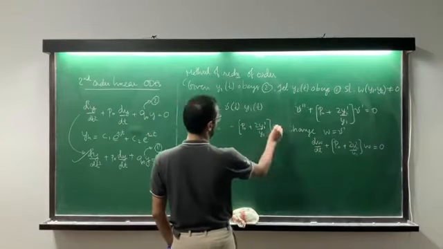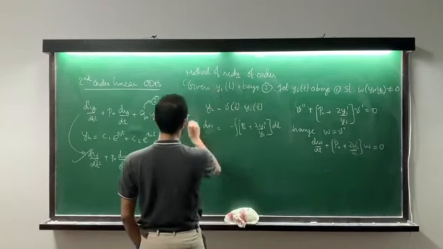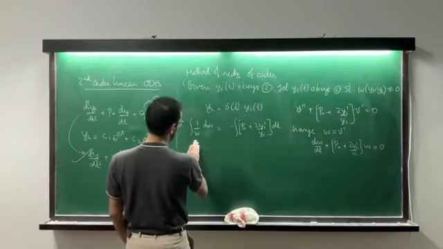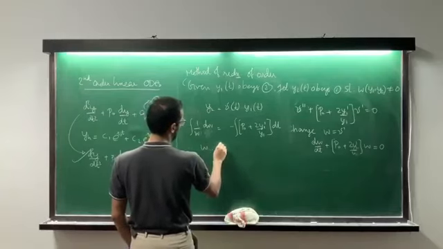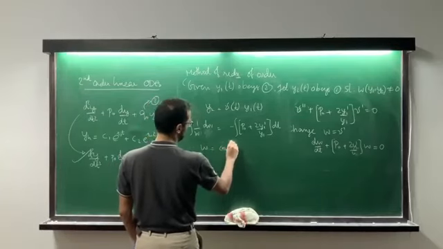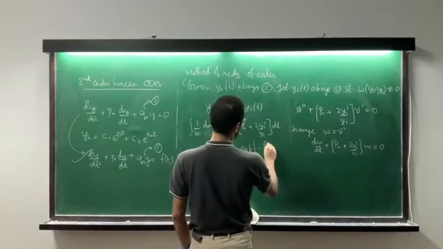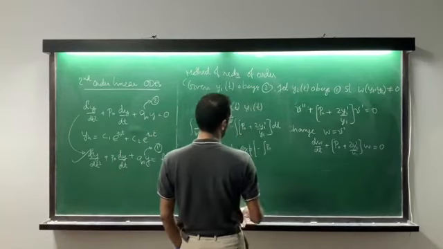I'm going to integrate both sides. I get log of w is equal to this. So w is equal to some constant, you don't care what it is, times exponential of minus integral p naught.